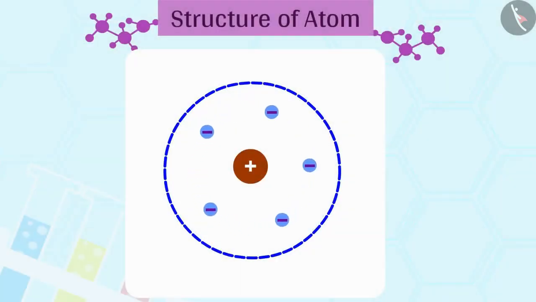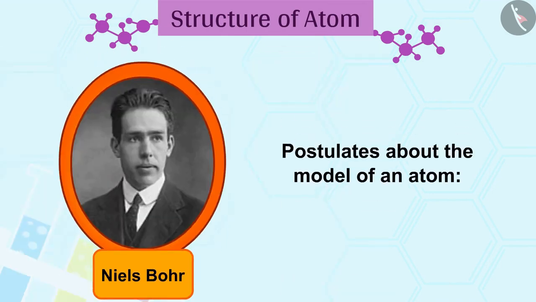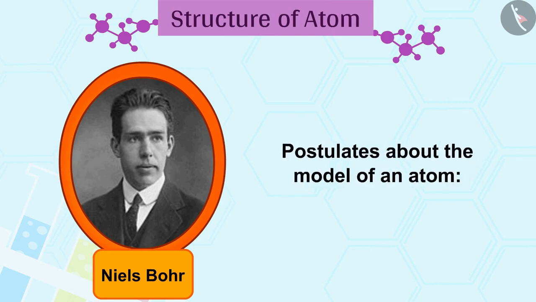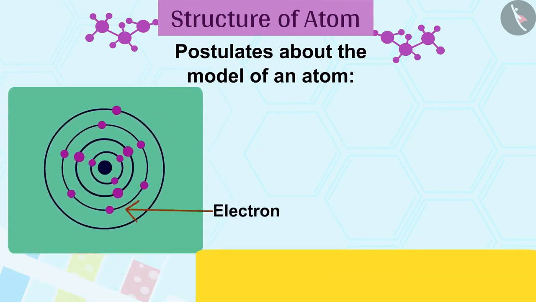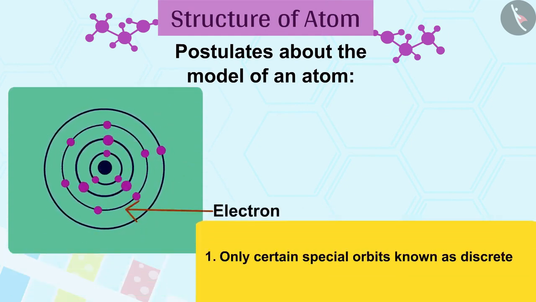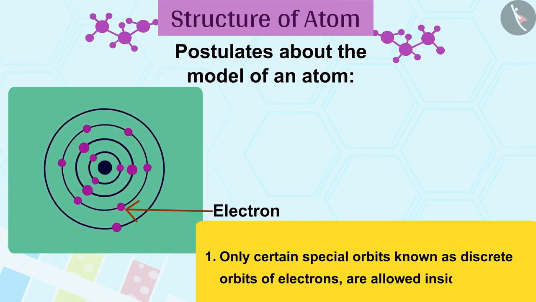In order to overcome the objections raised against Rutherford's model of the atom, Niels Bohr put forward the following postulates about the model of an atom. One, only certain special orbits, known as discrete orbits of electrons, are allowed inside the atom.